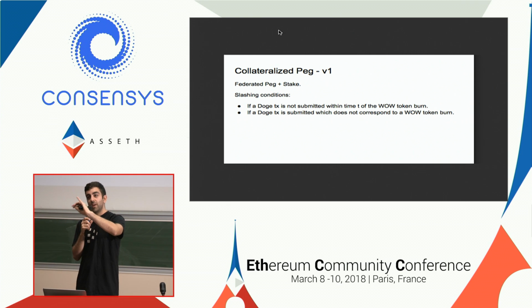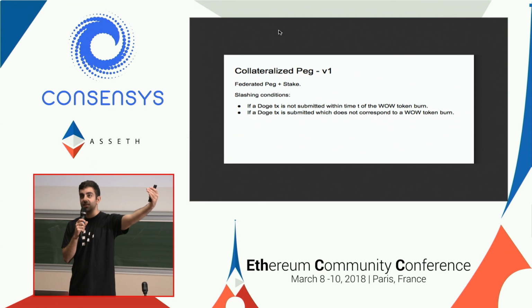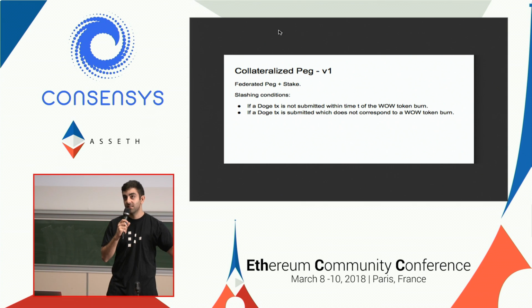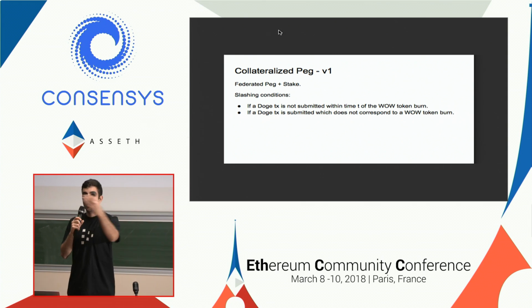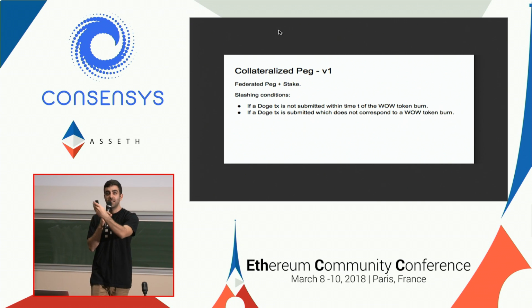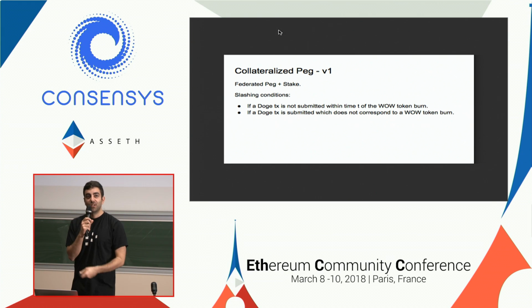And within that time, someone needs to provide a transaction Merkle proof that a Doge transaction was sent from this multi-sig to that address that just burned the coins. Otherwise, the multi-sig key holders get slashed. So you're keeping them honest by using their Ethereum stake as collateral.